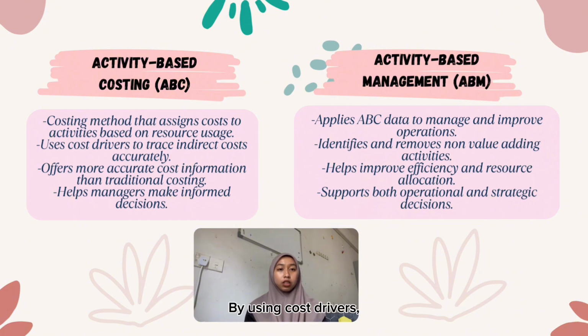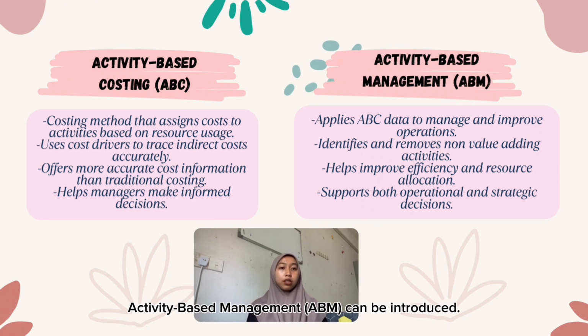By using cost drivers to trace indirect cost to specific activity and cost object, the primary goal of ABC is to provide precise cost data that managers can rely on when making decisions. Once ABC has been implemented, a reliable cost structure is established. Activity-based management, ABM, can be introduced.